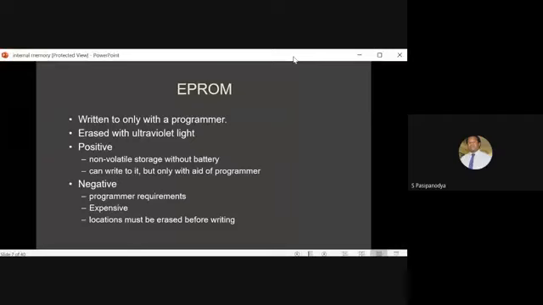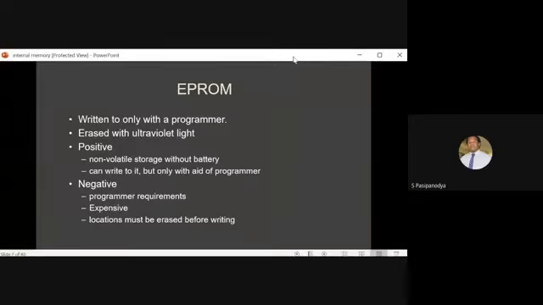The biggest disadvantage is that whenever you want to write to an EPROM, you first need to erase it. You run an erase function that deletes the data on the EPROM byte by byte. Only then, when all the data has been erased, can you write back onto it.